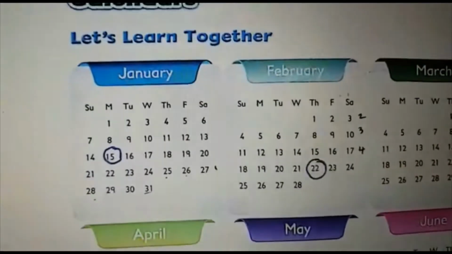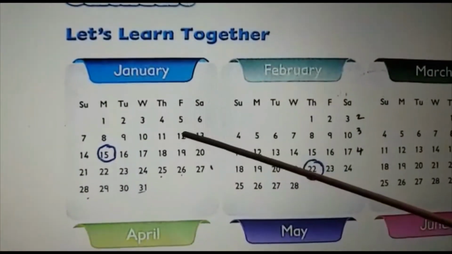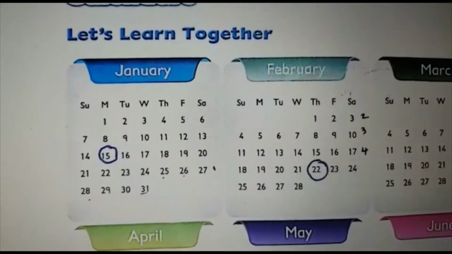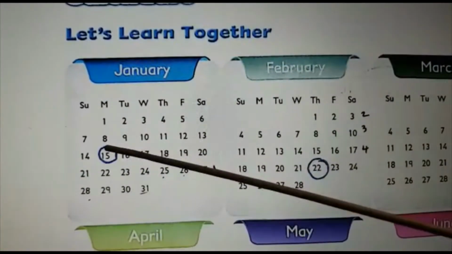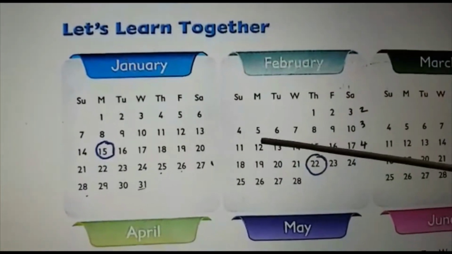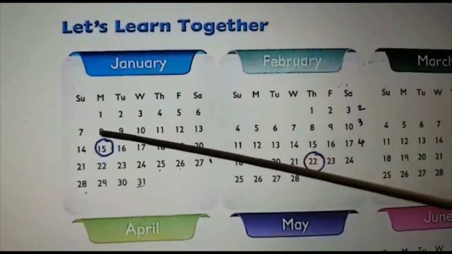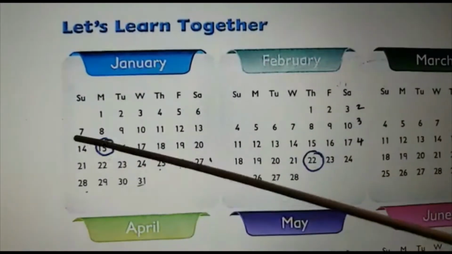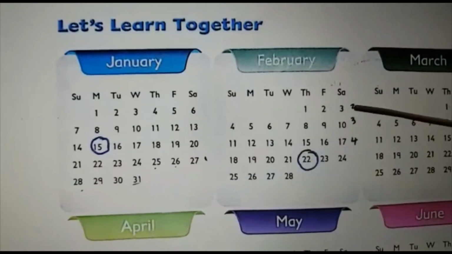Just have a look. It starts from 8th January and it ends on 12th February. 12th February the holiday starts. Here the class starts. So how many full weeks can you say? 1, 2, then this one and this one together 3.